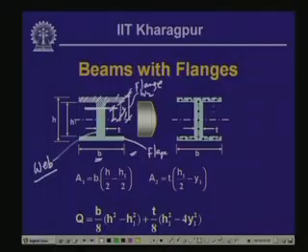Here, since the width of the flange is substantially large in comparison to the width of the web, in addition to the vertical shear in the flange, we get the horizontal shear also, as shown here. Because of this horizontal shear, the shearing stress distribution in the flange is not uniform, and if we apply the shear formula for evaluating the shear stress in the flange zone, it is going to be ineffective or erroneous.